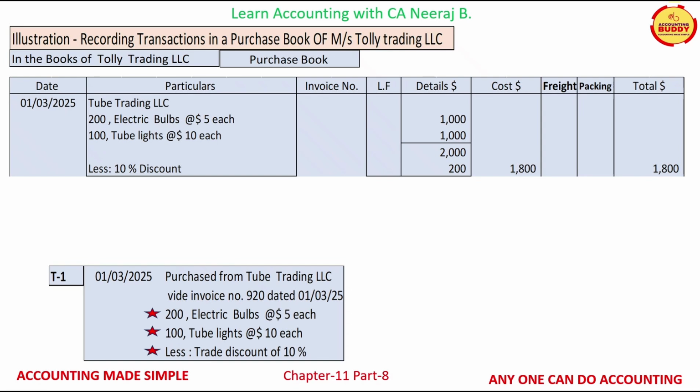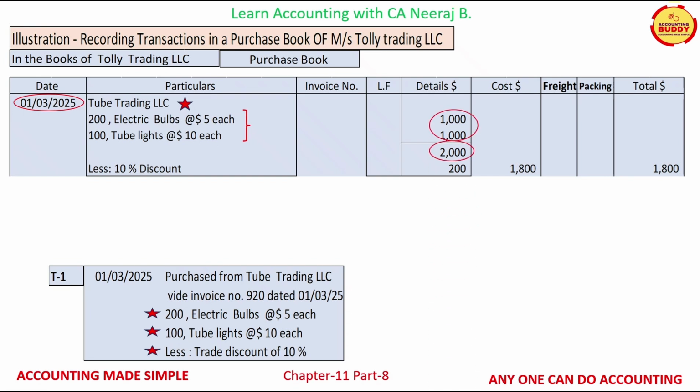In the date column, the date on which the transaction took place, that is 1st of March 25, is mentioned. In the particulars column, the name of the supplier, Tube Trading LLC, along with the full description and details of the goods bought is mentioned. The value of each item of goods is mentioned in the details column.